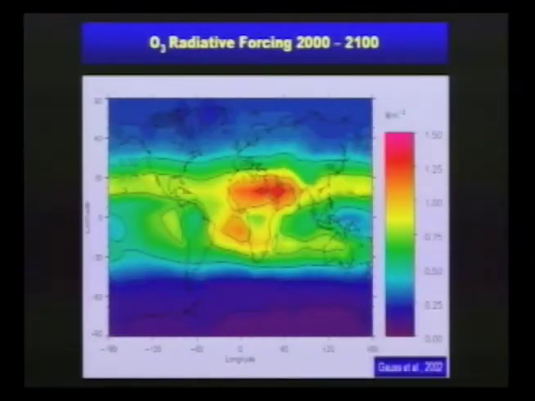This is now the mean radiative forcing calculated between 2000 and 2100.